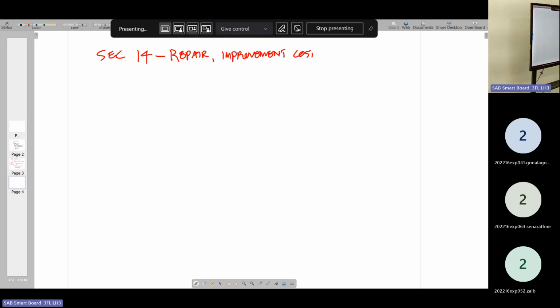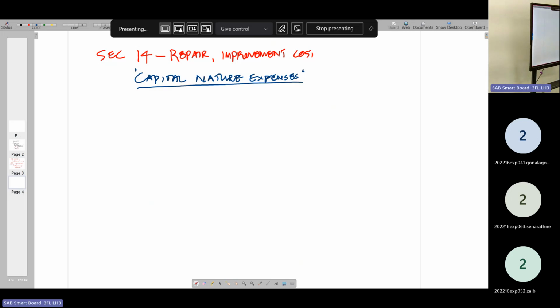This section says we can deduct capital expenditure.